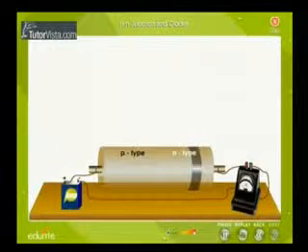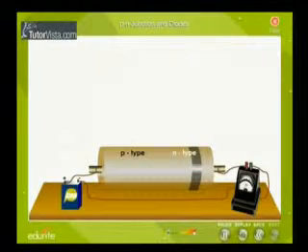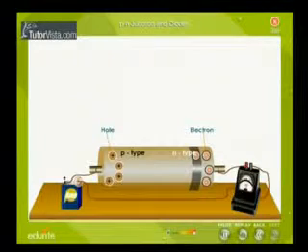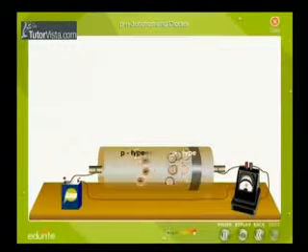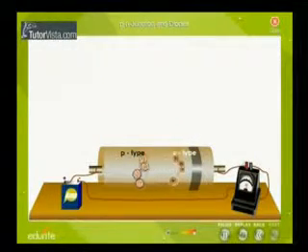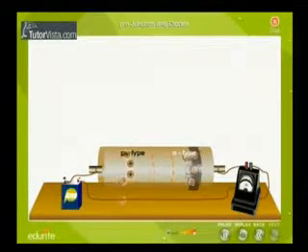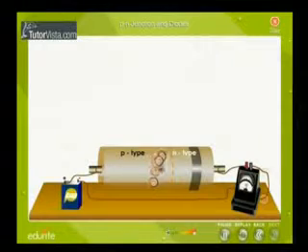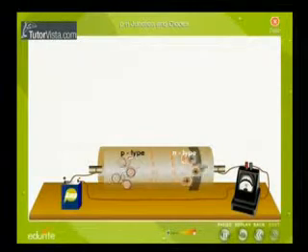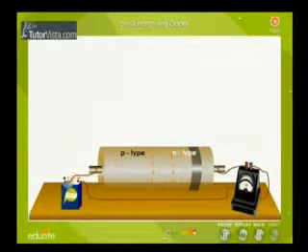Current flows through the junction if the PN junction is connected to the battery as shown here. Holes and free electrons enter the depletion region due to repulsion at the respective terminals. The reduction of the potential difference and the width of this region causes a large number of majority charge carriers to diffuse across the junction.